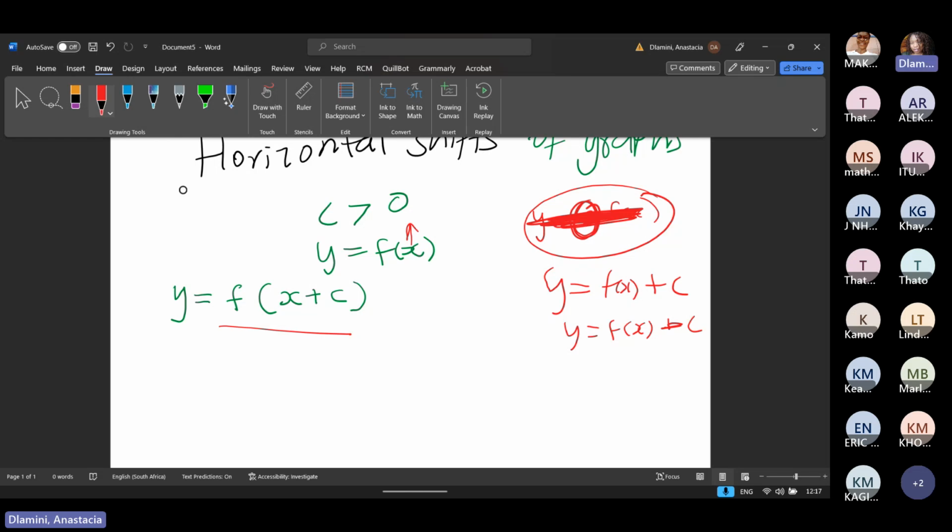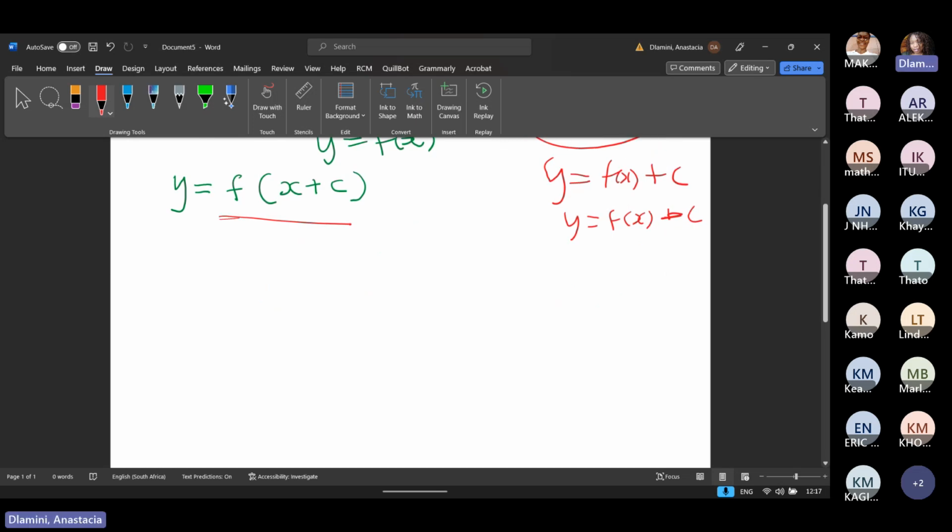Now, for horizontal shifting, we're saying that if x is 1 for f of x, let's add c. So if c is 3, then we say 1 plus 3, and then we have shifted it. That is our horizontal shift. Now, if we have f of x plus c, it means that we have shifted the graph y equals f of x c units to the right or left?